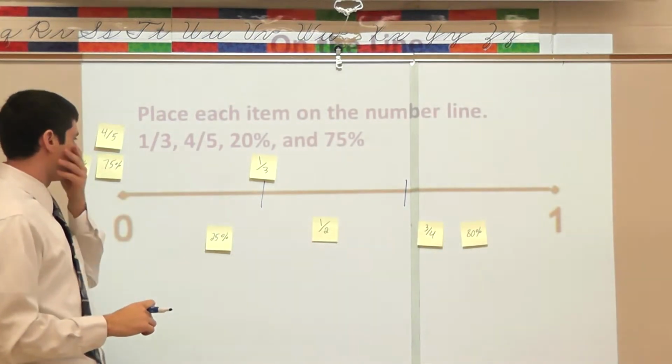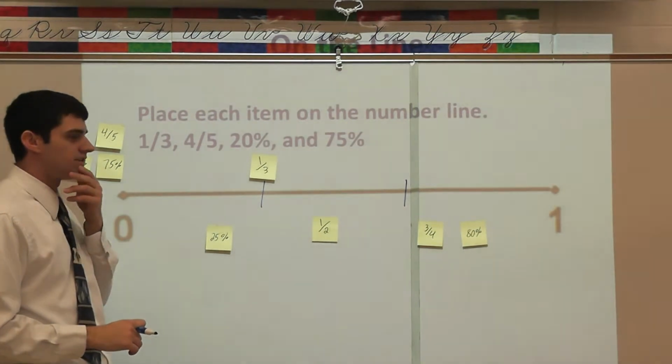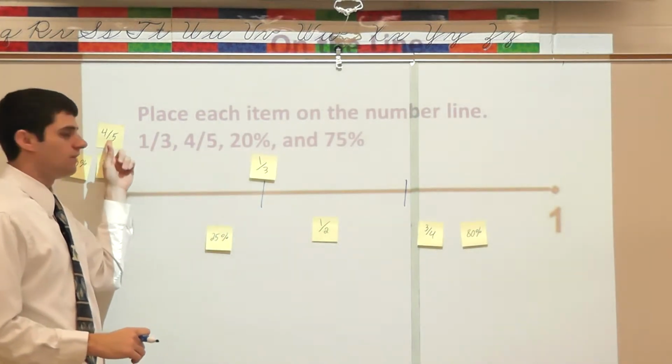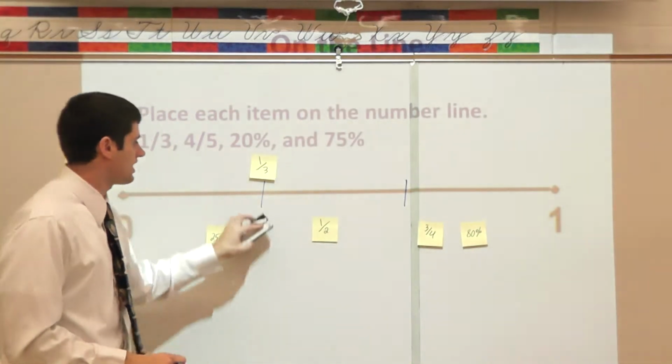Well, then I might say, I got 75%, 20%, and 4/5. I broke it up into 3 equal parts to get my third. Maybe I can break this up into 5 equal parts to get my 4/5. Let's try that strategy.